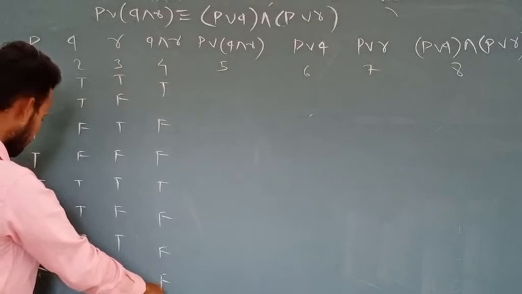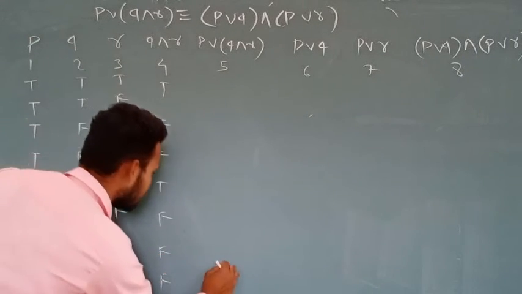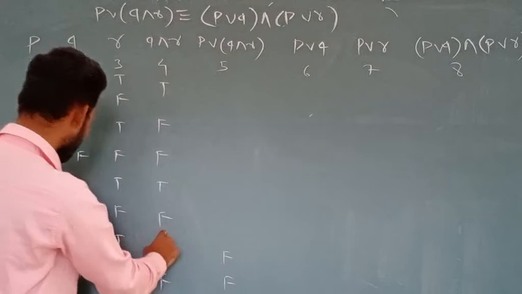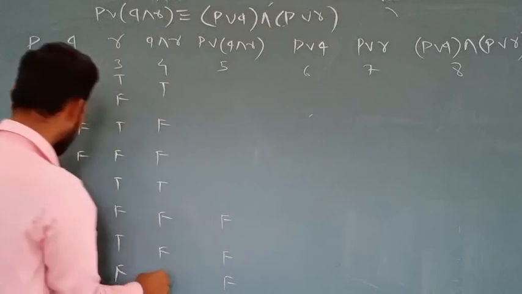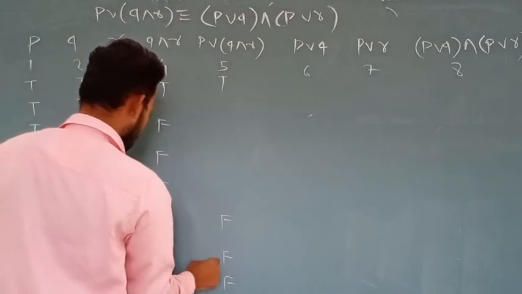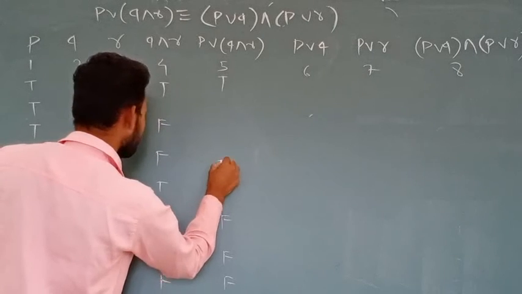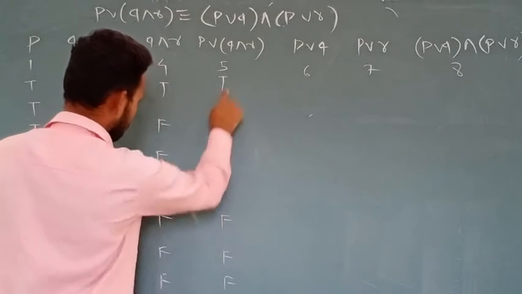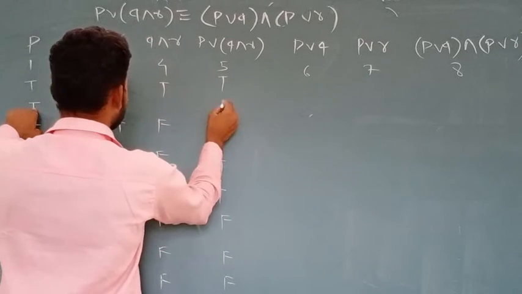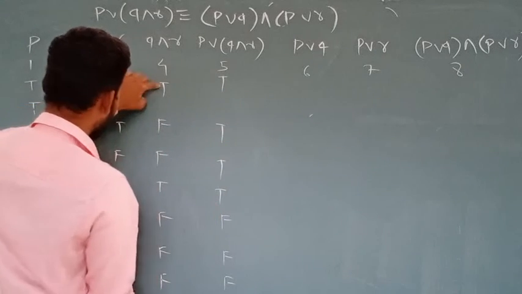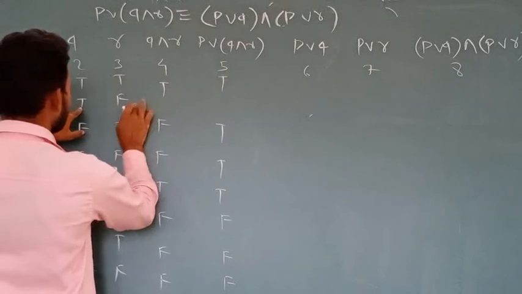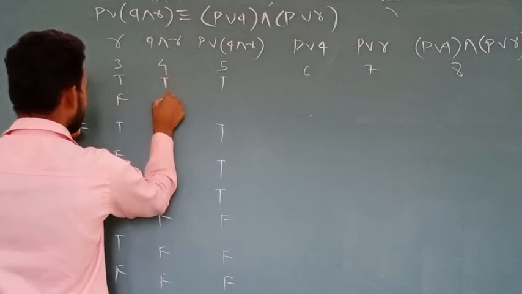Means here only this F, here also F, therefore only we can write here F, and then these also F. Then next remaining not F, therefore this T, these also T, there also T, then there also T, 1 2 3 4 5 6 7, and these also T. One value remains here, there also what? False, means this T and that F.